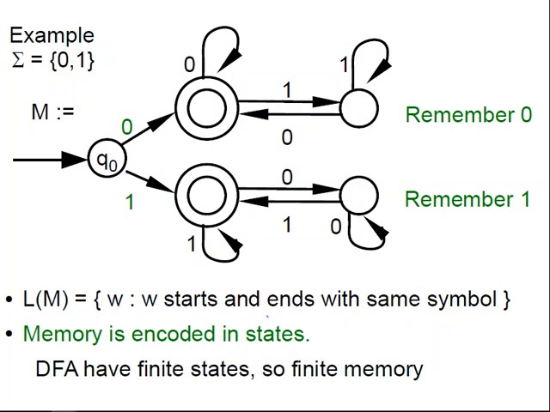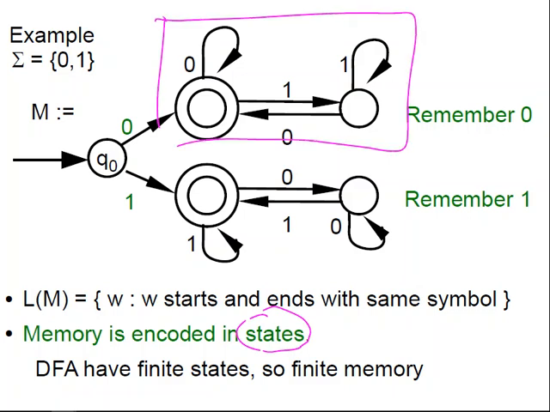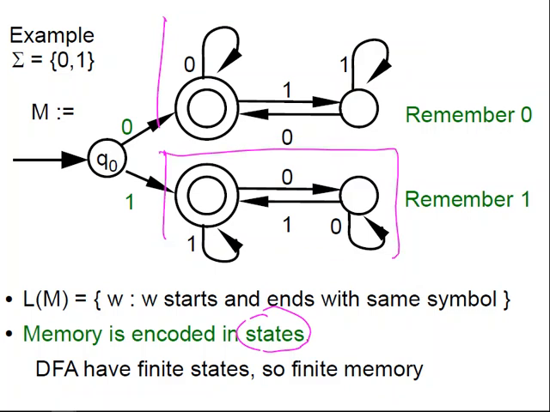So you should think of states as the memory of the machine. So if you are in these two states here, you remember a 0. If you are in these two states here, you're going to remember a 1. So DFAs have a finite number of states. That's the F in DFA, finite. So they have a finite amount of memory.